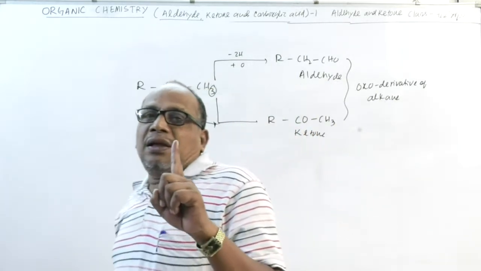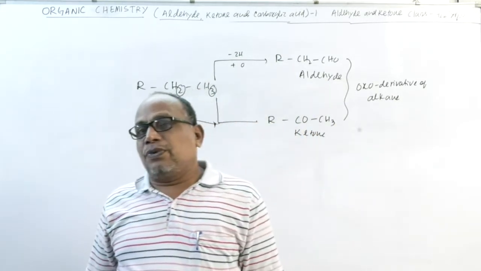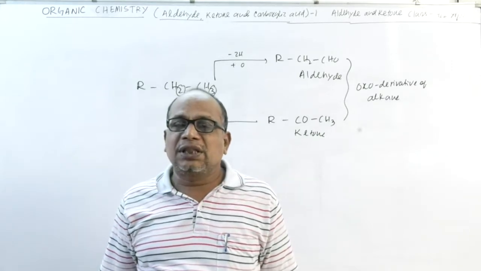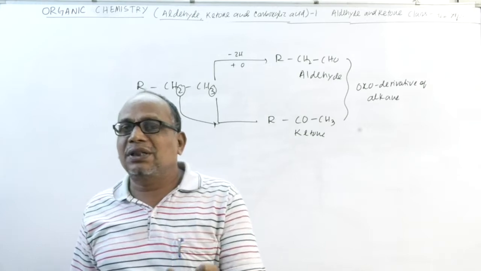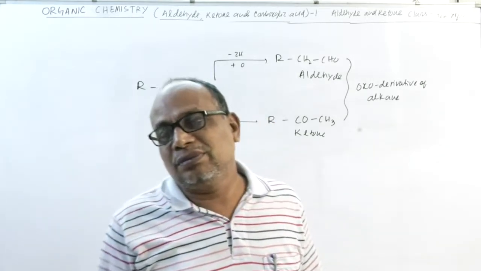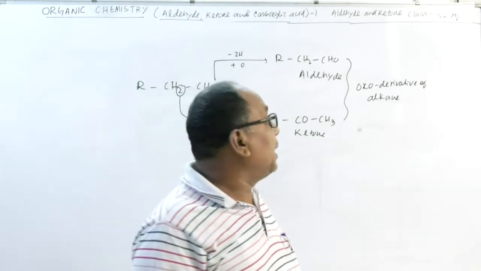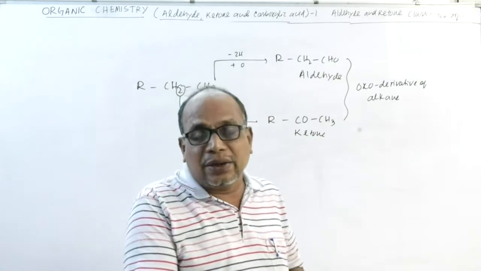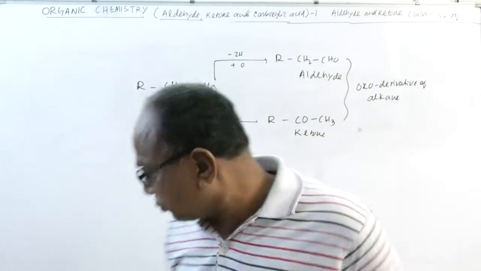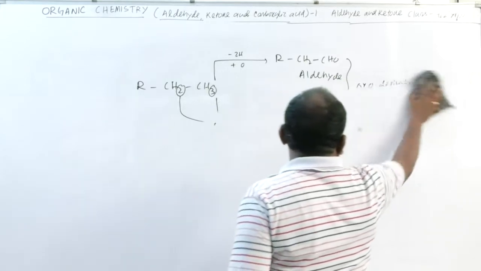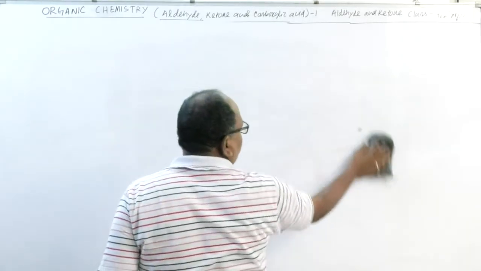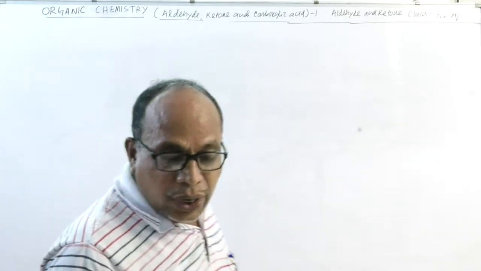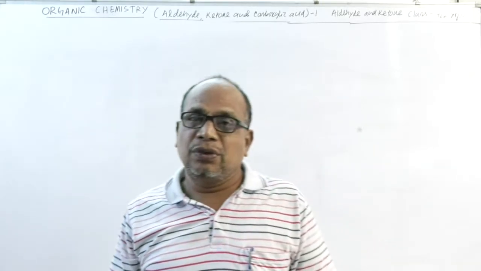The oxo derivative of a terminal carbon is called aldehyde, and the oxo derivative of a non-terminal carbon is called ketone. Okay, students? And this is all about aldehyde and ketone. And next you come to the functional group. The functional group of aldehyde is CHO and the functional group of ketone is CO.